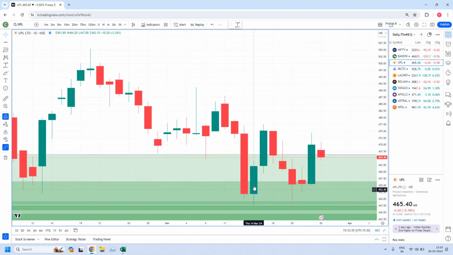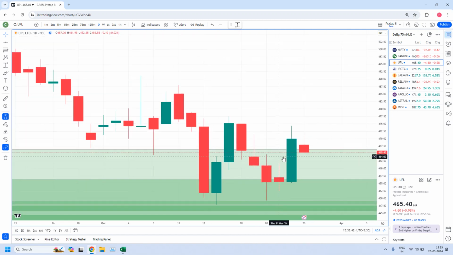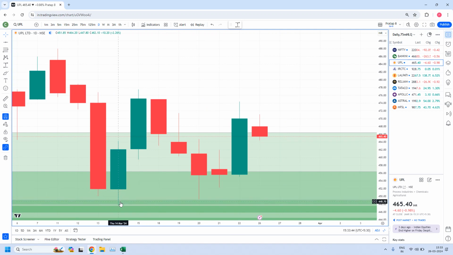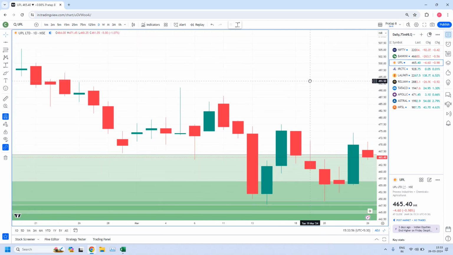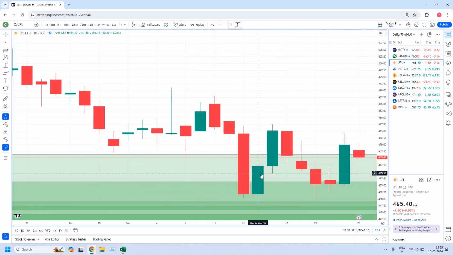Earlier we got a trade also in the UPL. In one of the zones above we got a trade earlier. This was the last one, and even this one, I think maybe this one we didn't take. This is a candle closed inside this. Because I am not going to explain UPL because we already discussed this in detail.